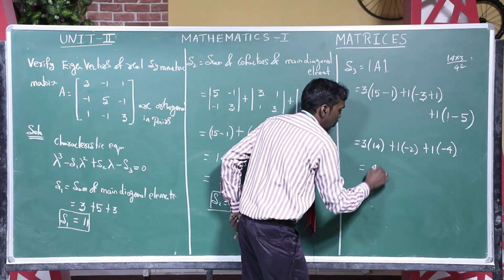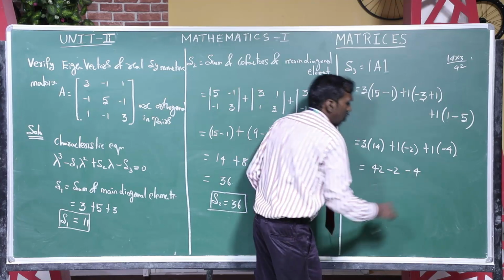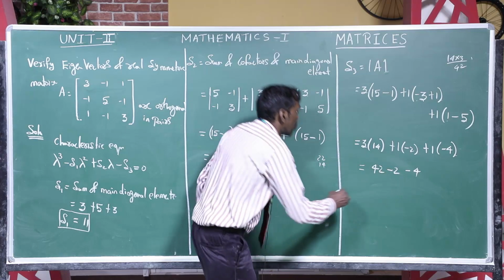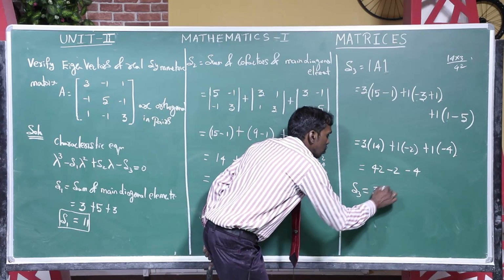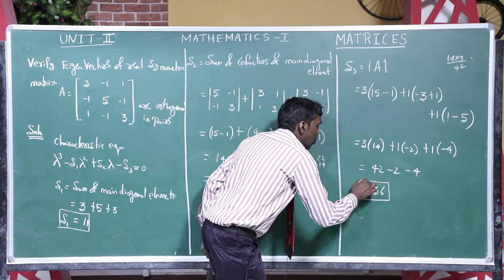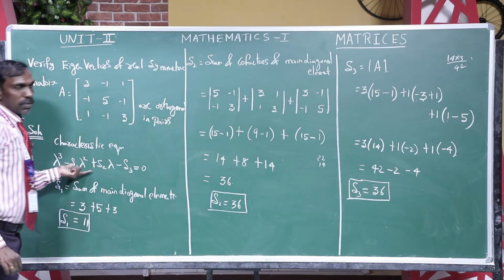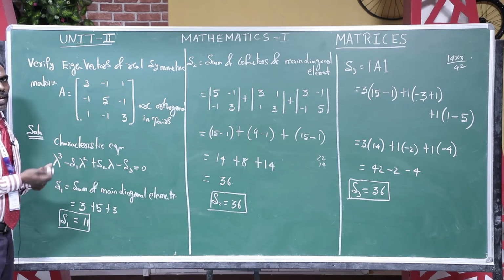So 42 minus 2 is 40, and 40 minus 4 is 36. So S3, the determinant of A, is also 36. We have to substitute S1, S2, S3 in the characteristic equation, and then find the eigenvalues.